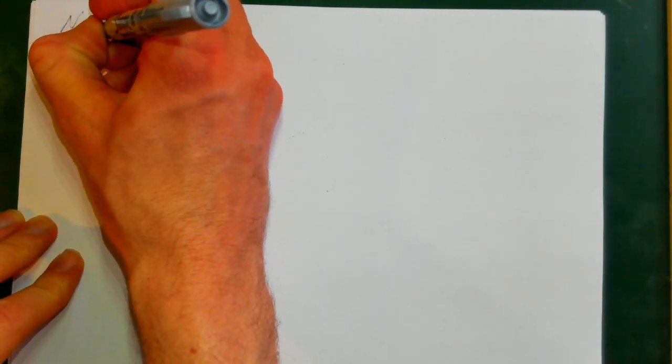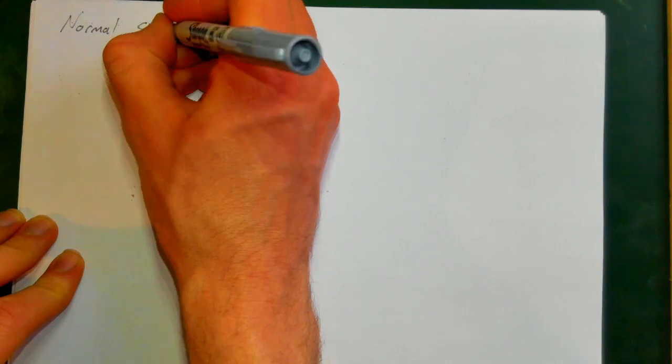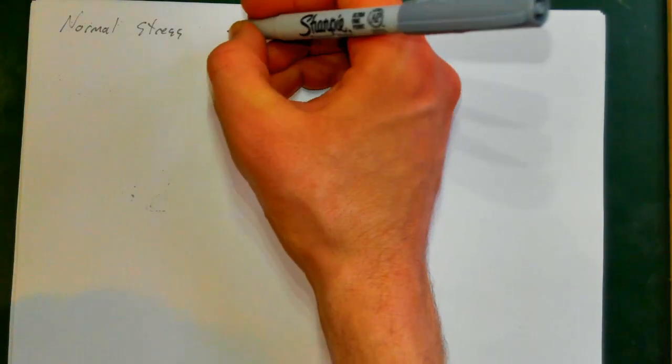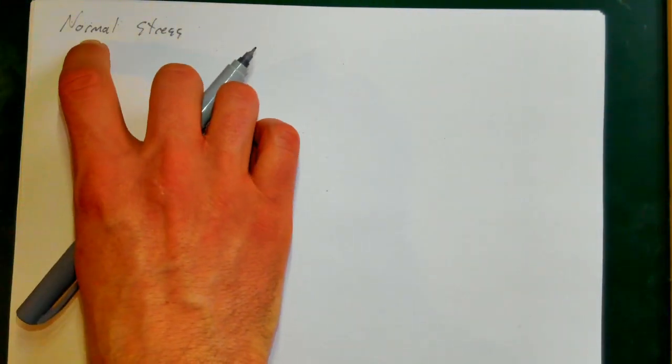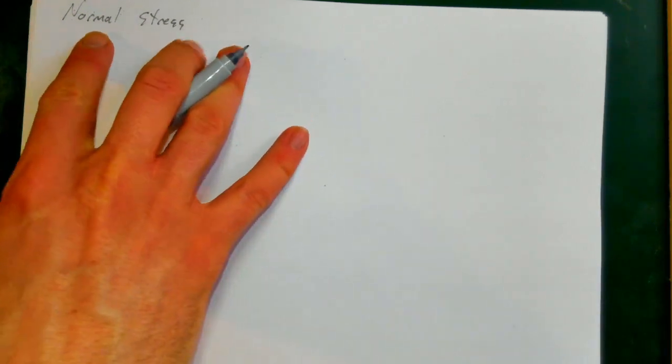In particular, we'll start with normal stress. When I think about normal stress, I'm not just talking about stress that's normal, like common, that we experience in our everyday lives.